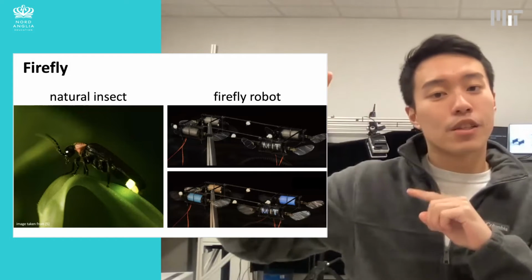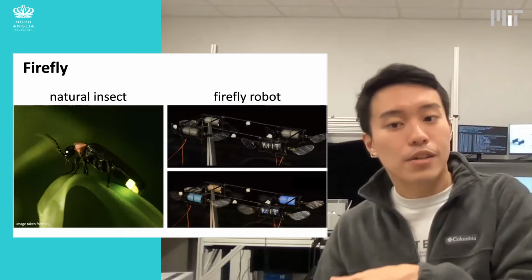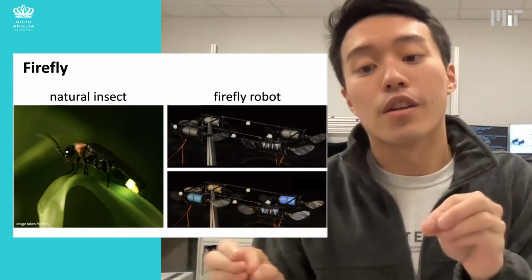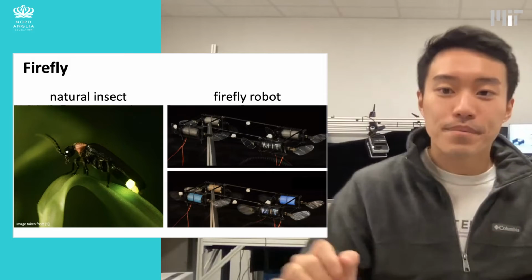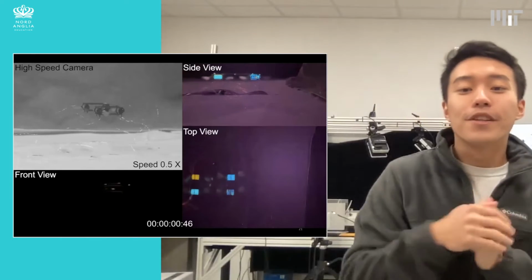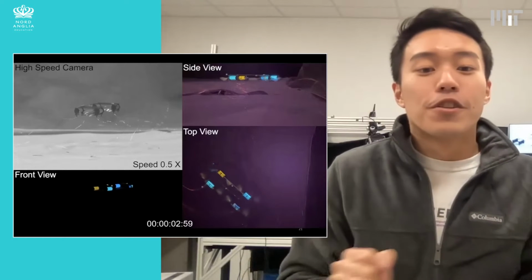On the upper right corner, you see there's no color coming out from the robot. On the lower right corner, you do see some color coming out, and we can even put some pattern on top of that. And here are some videos showing how these firefly robots operate during the night.